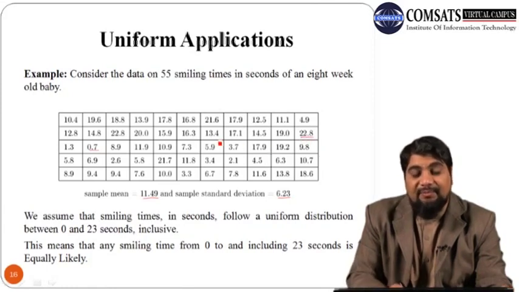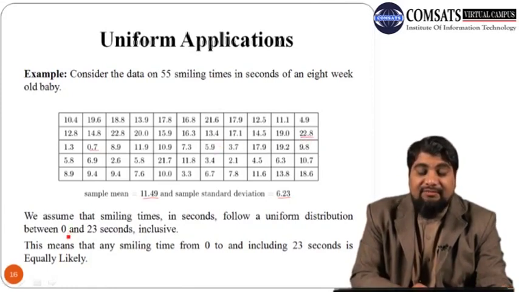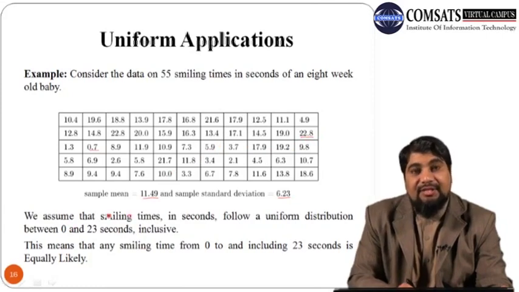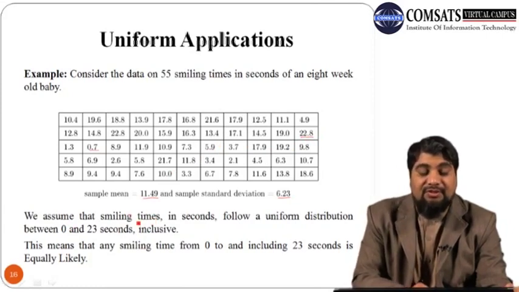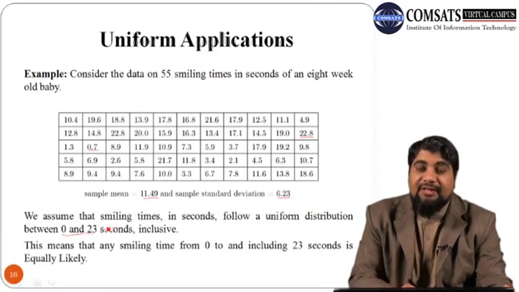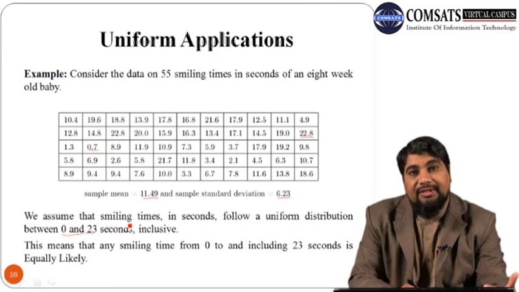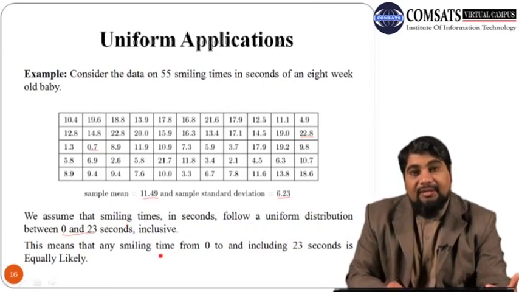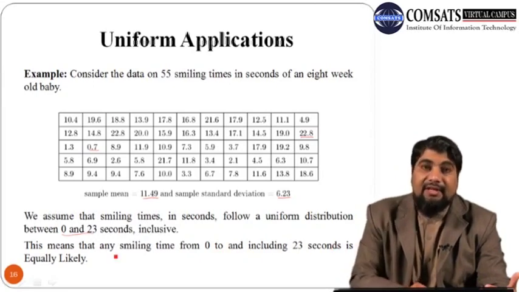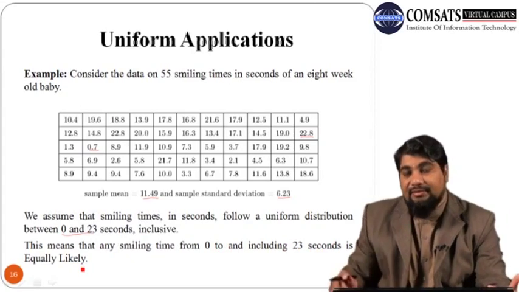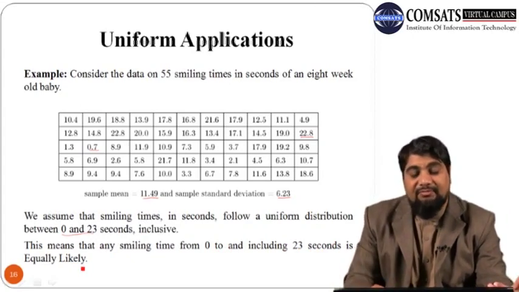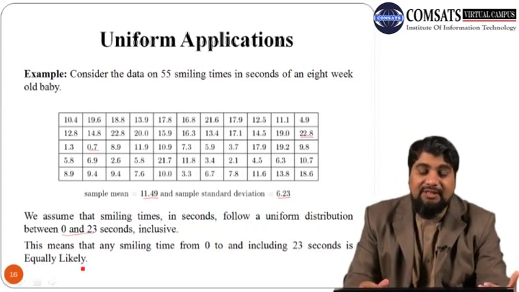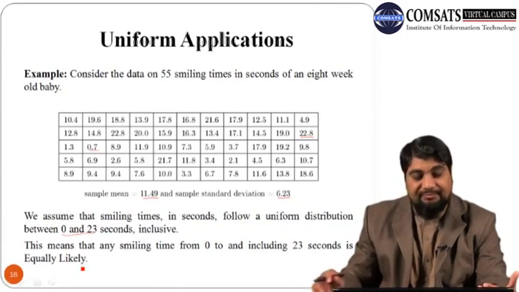So we can safely say that the smiling times in seconds follow a uniform distribution between 0 and 23 seconds, where 0 and 23 are both included in this range. This means that any smiling time from 0 to and including 23 seconds is equally likely. So each of these 55 points has an equal chance of being selected.